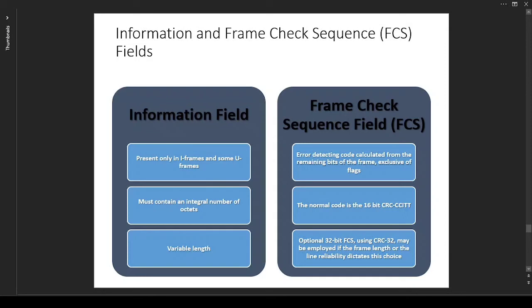The FCS, or the frame check sequence, is an error detecting code calculated from the remaining bits of the frame exclusive of the flags, and the normal code is a 16-bit CRC-CCITT defined in section 6.3. An optional 32-bit frame check sequence using CRC-32 may be employed if the frame length or the line reliability dictates this choice.